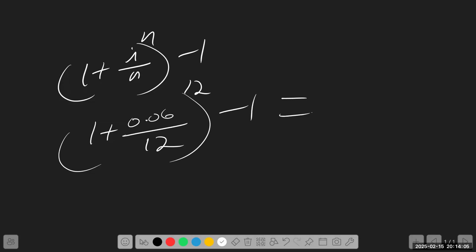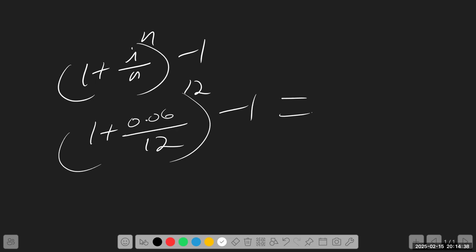So how much did you get? 0.06 divided by 12, it's 1 plus that, to the power 12. This amount minus 1, times 100, is 6.17.